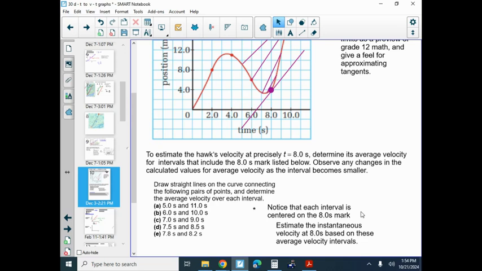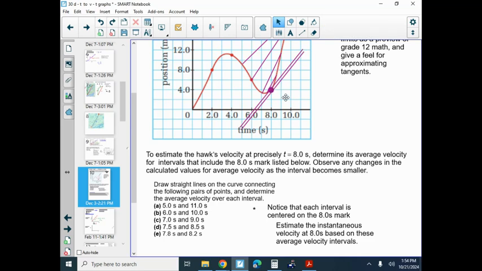So this one here being 7.8 to 8.2. And then if I get that same curve and put it just touching the surface there, it's your tangent, right?